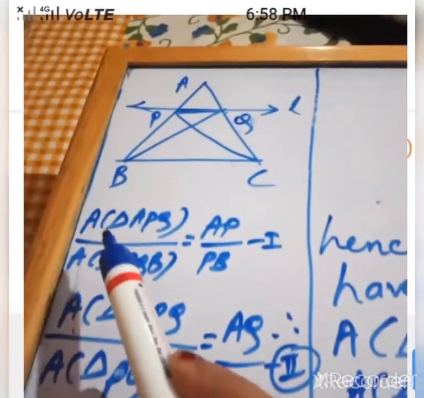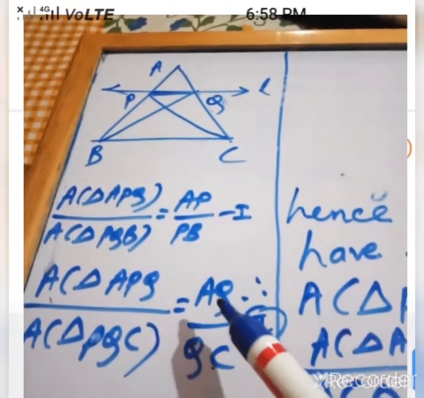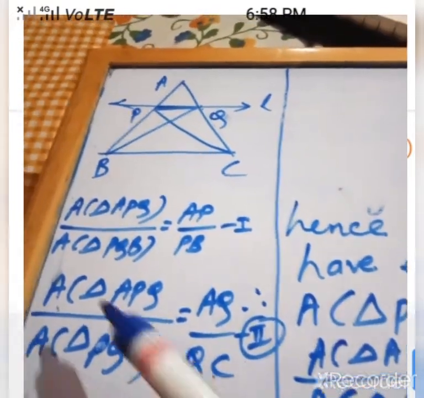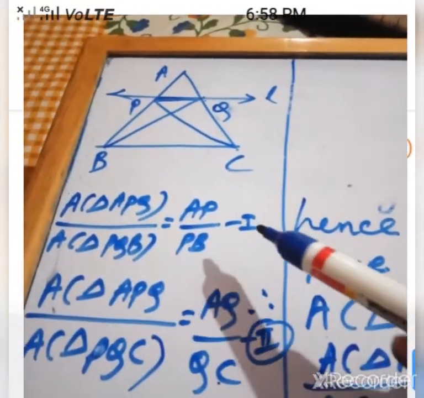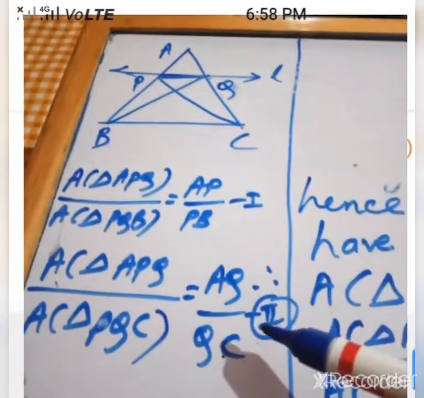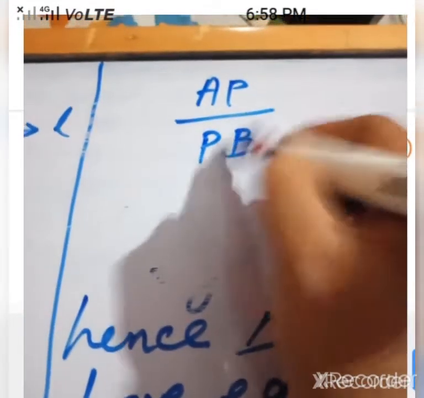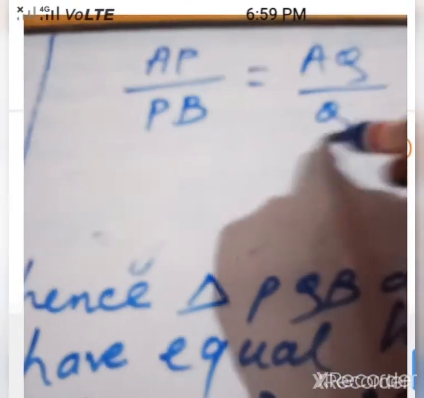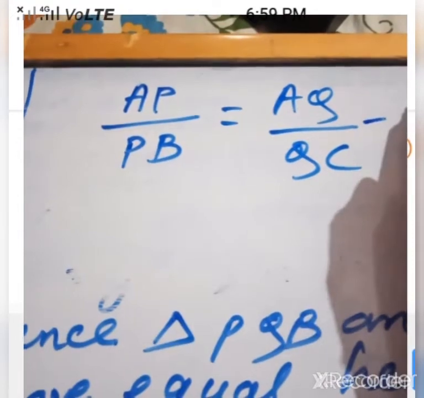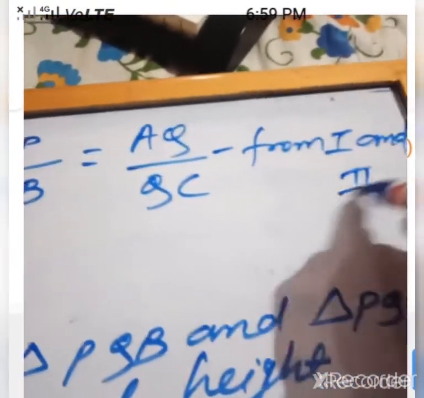The left side in sentence 1 is AP upon PB, and the right side is AQ upon QC. These two left sides are equal. Therefore, in sentences first and second, their right sides are also equal. Therefore, we have proved AP upon PB from sentence 1 equals AQ upon QC from sentence 2. Write here: from sentences 1 and 2.